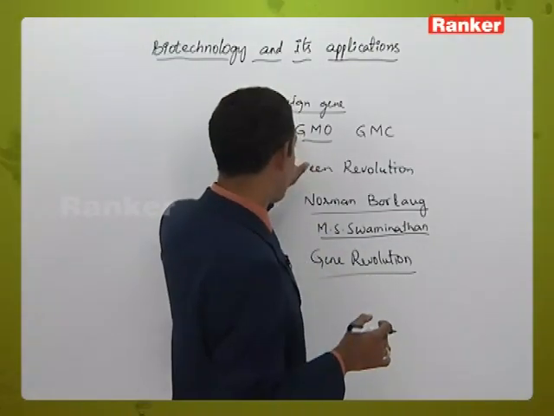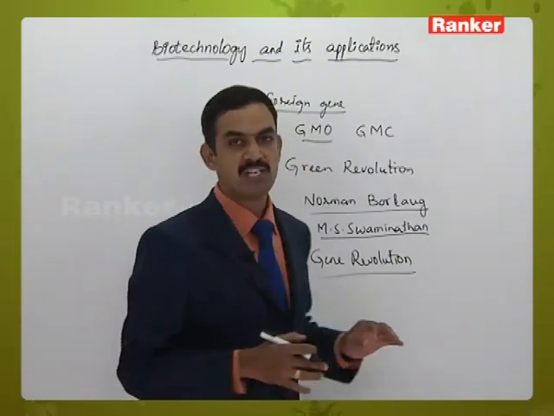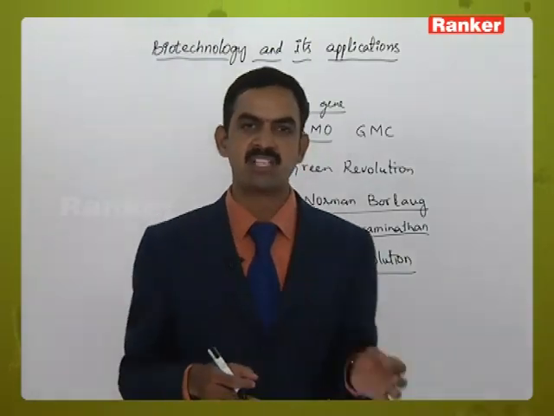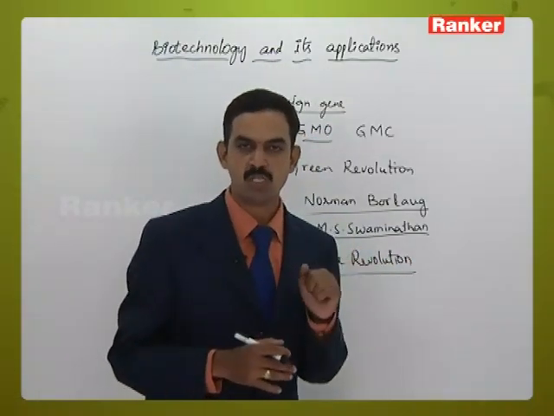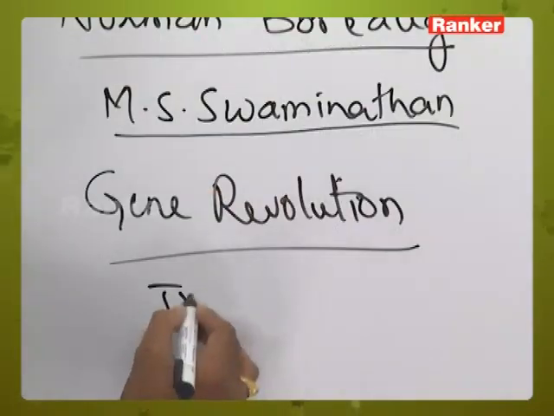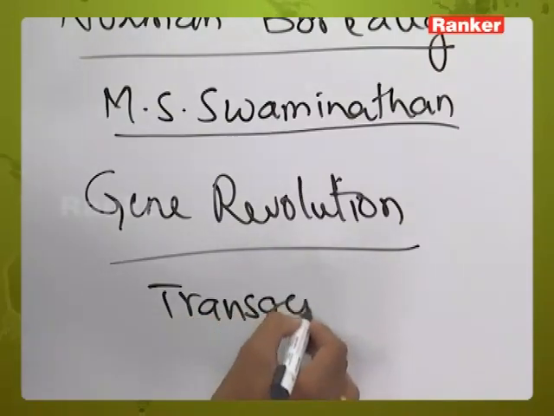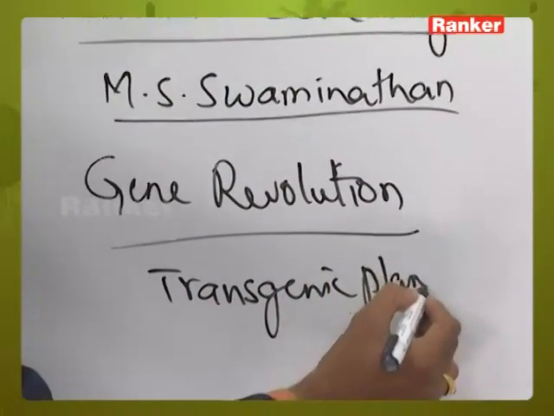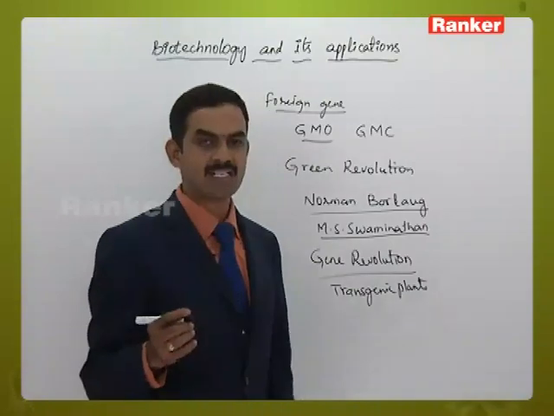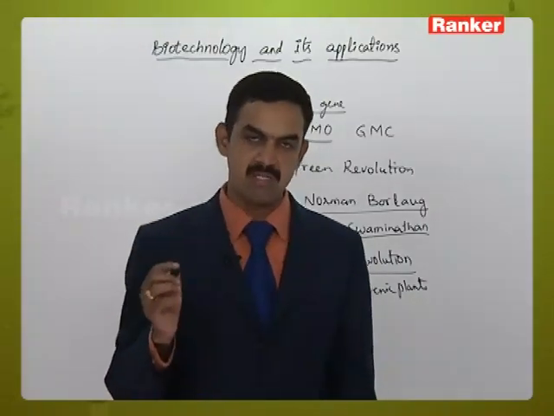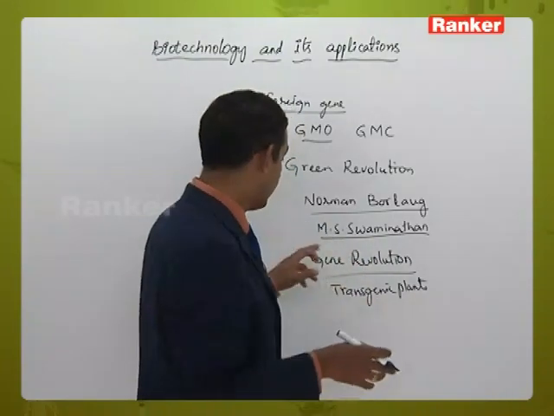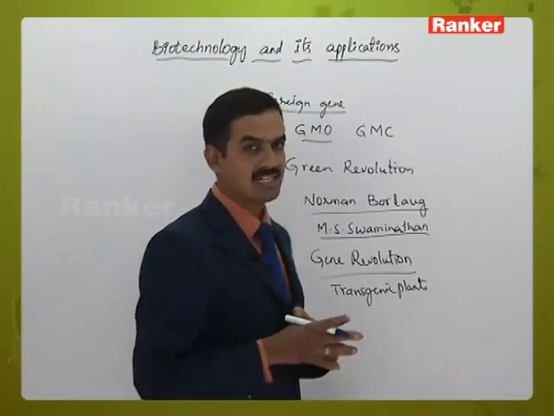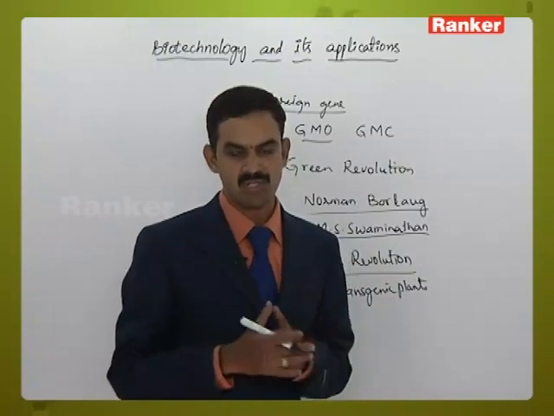Because of gene manipulation, we are producing genetically modified organisms or genetically modified crop plants. The plants produced by this process are called transgenic plants, or transgenic organisms, where the gene sequence has been changed.